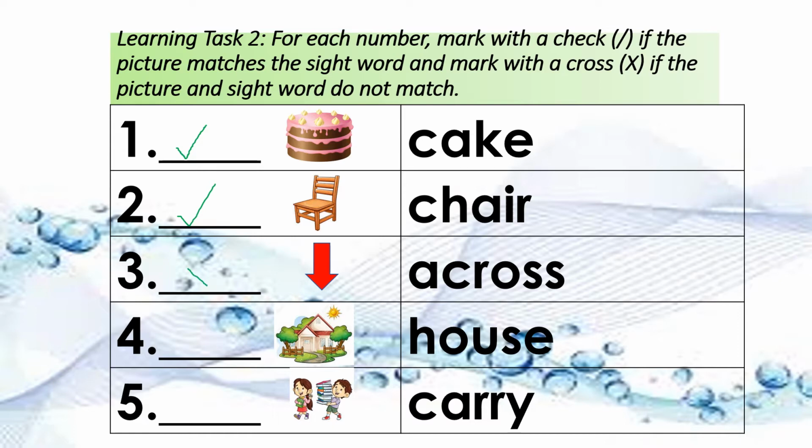So it's cross. How about house? Is this picture a house? Yes. Number 5, carry. Is the picture match the sight word? Okay, you got it. Very good.